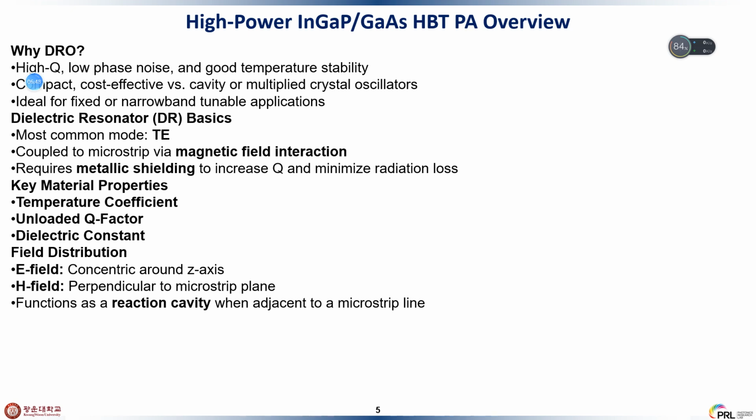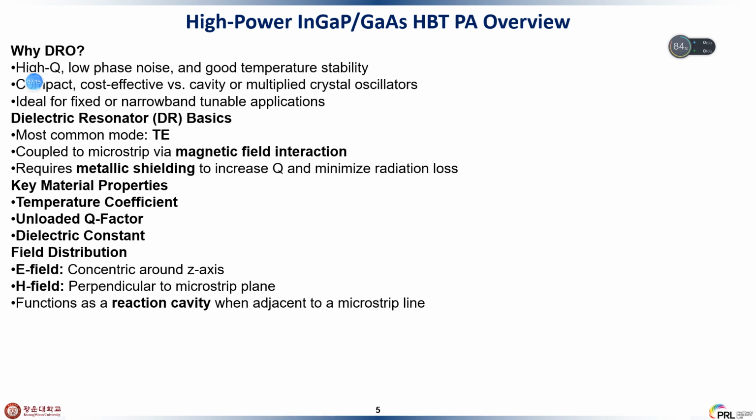For the mode, it uses the TE mode, and it is coupled to the microstrip by magnetic field interactions. So it requires metallic shielding to increase the Q value and minimize the radiation loss.